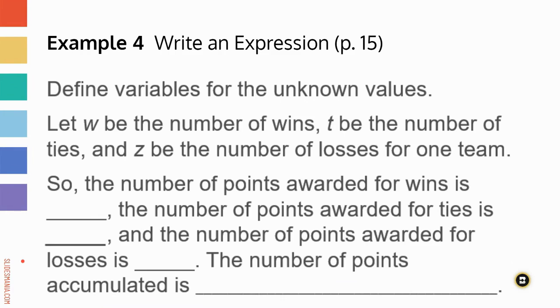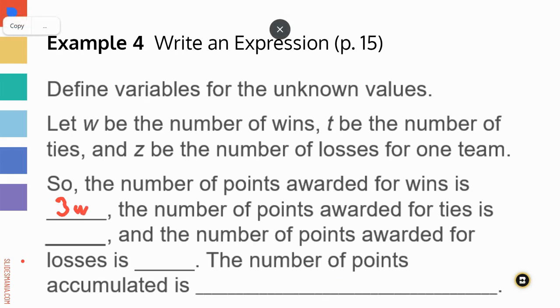Okay, so we need to define variables for the unknown values. So we're going to let W be the number of wins, T be the number of ties, and Z be the number of losses for one team. So the number of points awarded for wins is 3 times W, so 3 times however many wins.